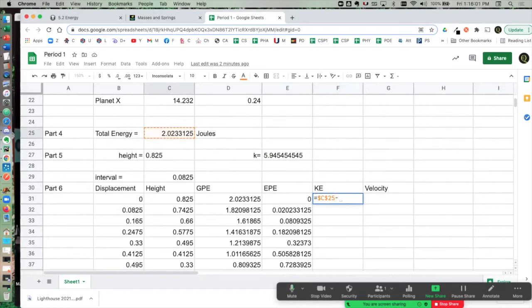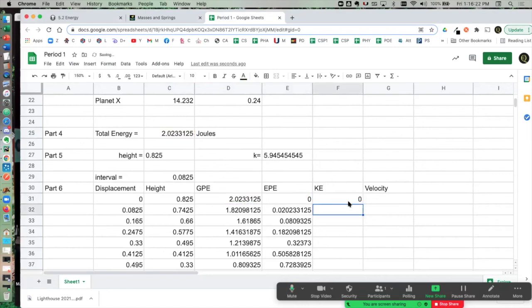Minus this, right? Minus the gravitational potential energy. And then minus again, the elastic potential energy. Everybody understand that equation? Okay, you hit return.